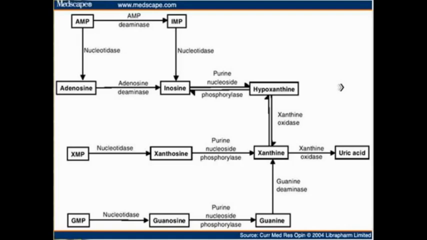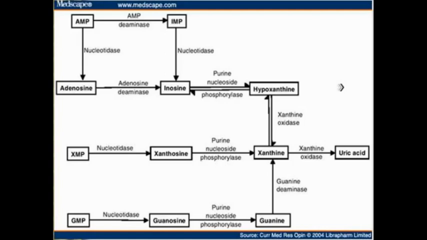Again, IMP with the help of nucleotidase forms inosine, and adenosine forms inosine with the help of adenosine deaminase. Now, inosine with the help of purine nucleoside phosphorylase forms hypoxanthine, and it is an irreversible reaction.